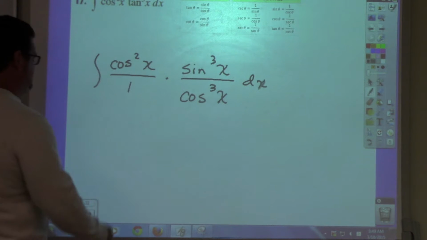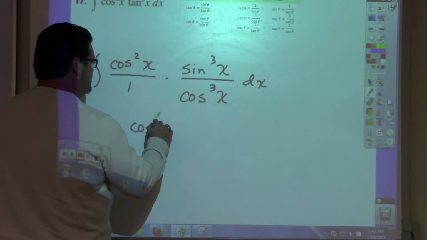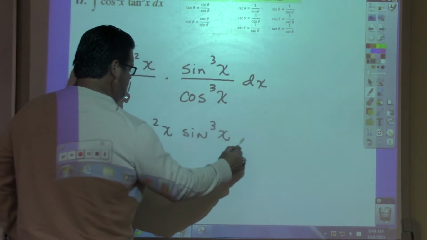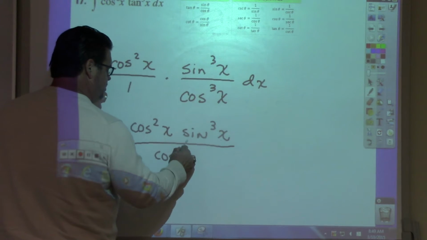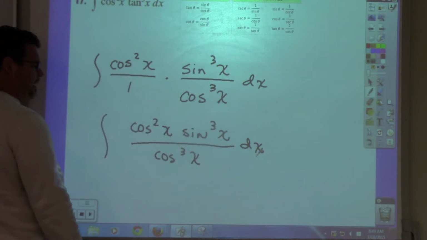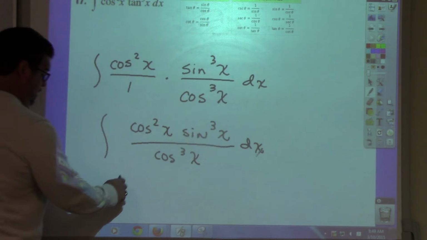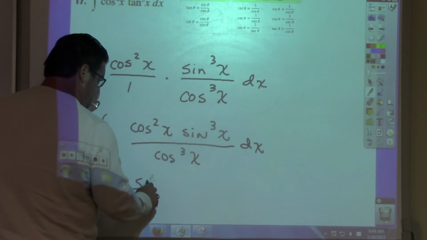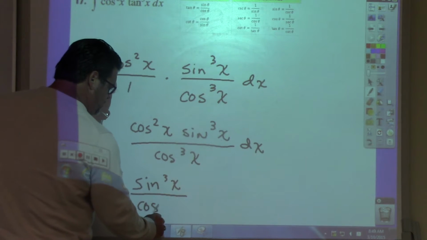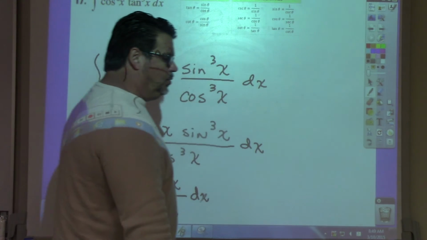And that's going to give us the antiderivative of cosine squared x sine cubed x over cosine cubed x dx. And dang old, what happens to the cosines? Cancel. And you get the antiderivative of the sine cubed of x over the cosine of x dx. Dang old, what is that?